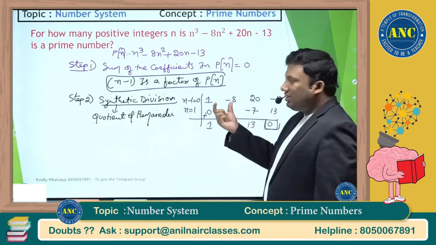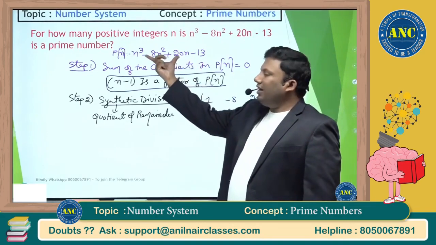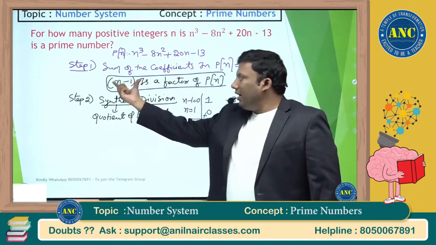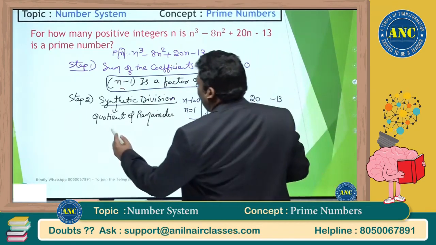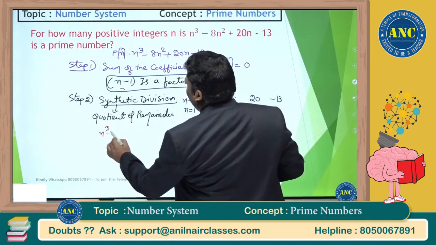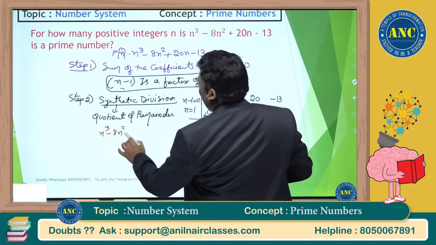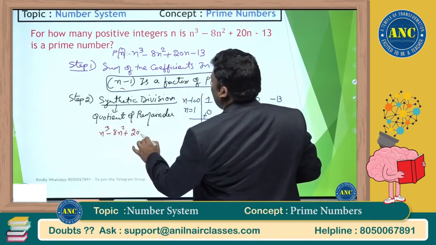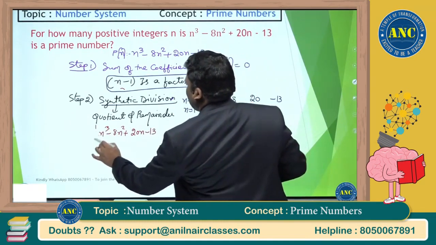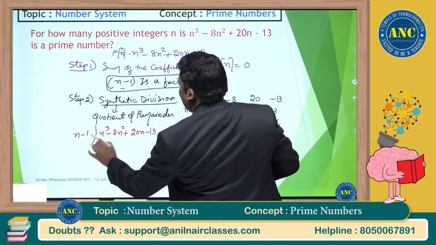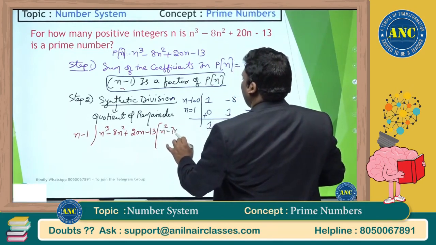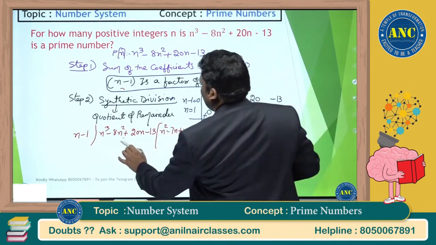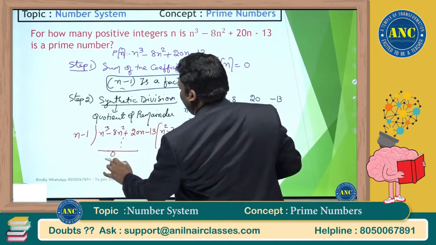What is this synthetic division? You divide this polynomial by n minus 1. What is the quotient we got? Instead of doing it the long way, n cube minus 8n square plus 20n minus 13 is divided by n minus 1. The value we got is n square minus 7n plus 13. Perfectly divisible, remainder 0.